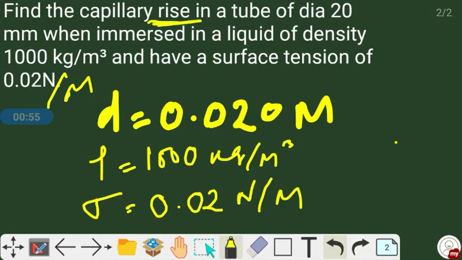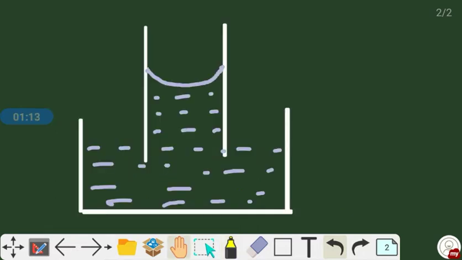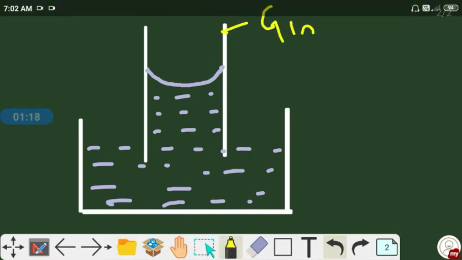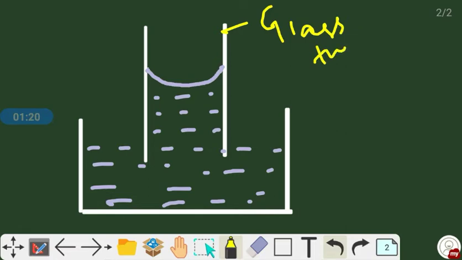Okay, let's suppose capillary rise is H. So let's not put a direct formula in this question. Let's first derive that formula, then with the help of that formula we'll find the answer. So guys, this is our glass tube, and this is the container, and this is the liquid.